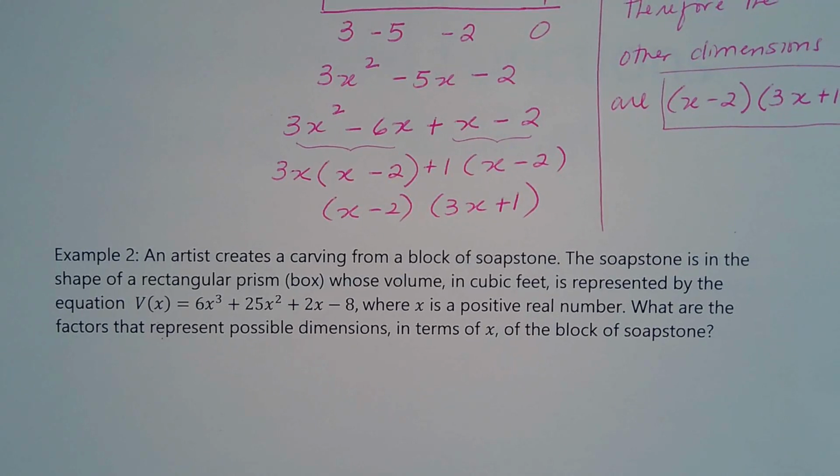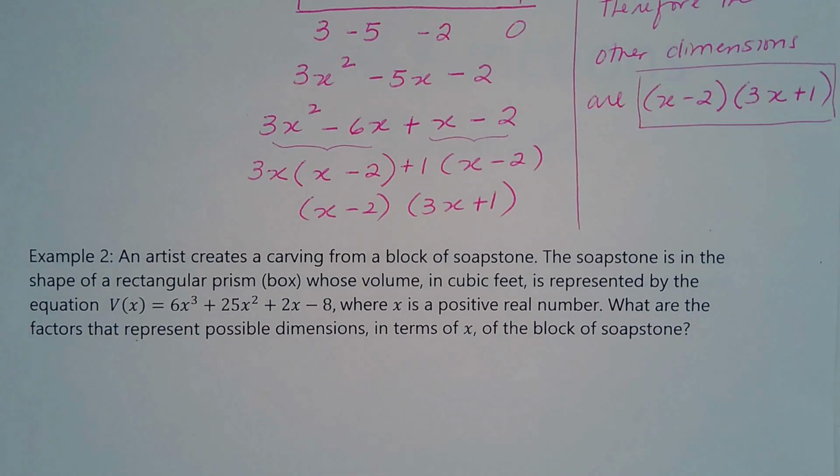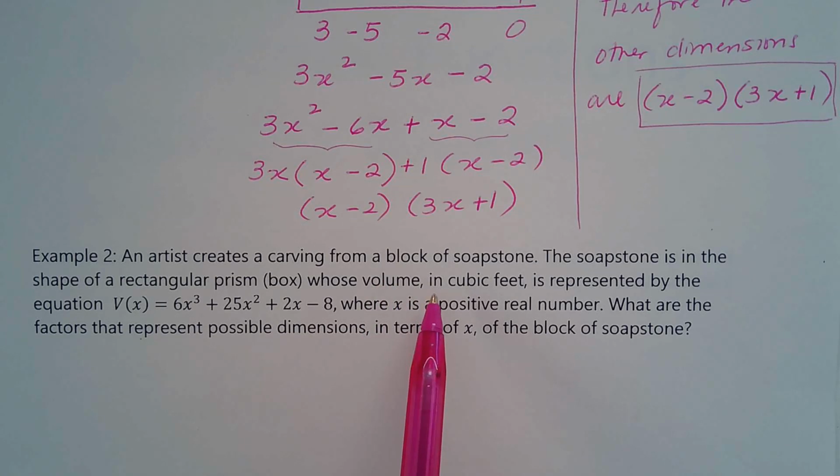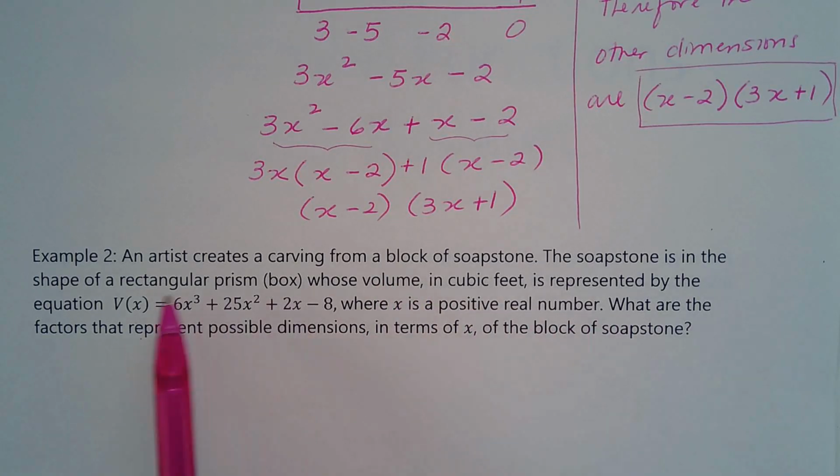Okay, let's read it first. Example 2: an artist creates a carving from a block of soapstone. The soapstone is in the shape of a rectangular prism. Again, it's a rectangular prism, a box, whose volume in cubic feet is represented by the equation, where x is a positive real number.